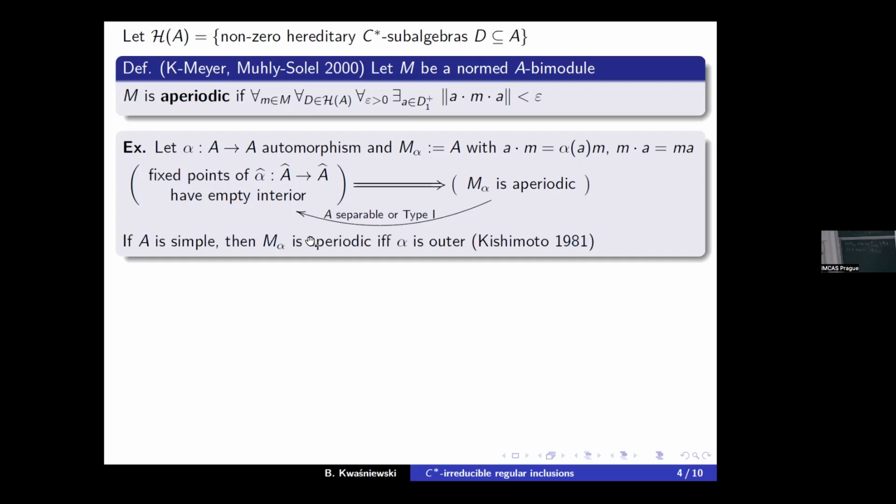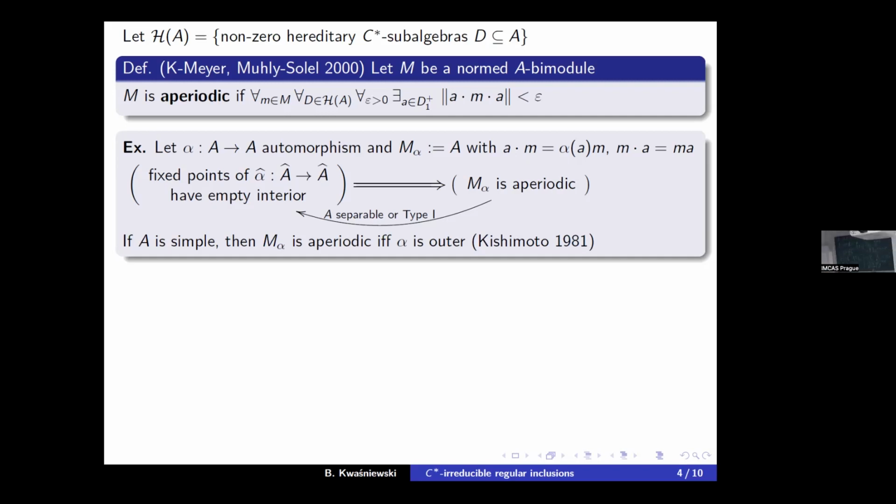But for us, it is important. Kishimoto proved that when A is simple, this aperiodicity is in fact equivalent to outerness. And all that is said on this example can be transferred to these Hilbert modules. You may define this dual homeomorphism for modules because then they are equivalence modules.